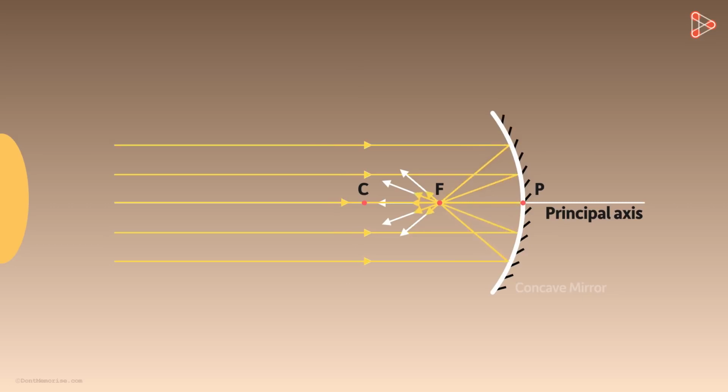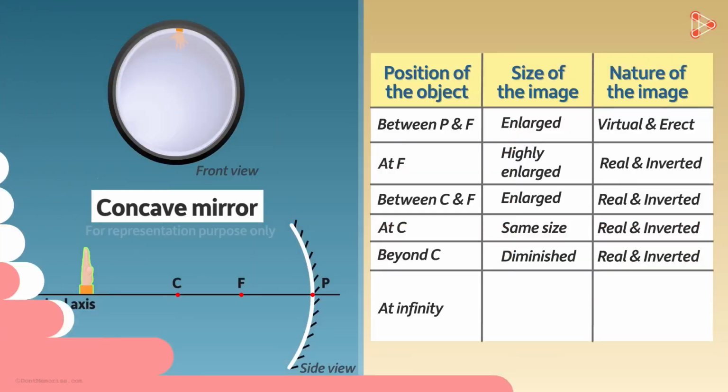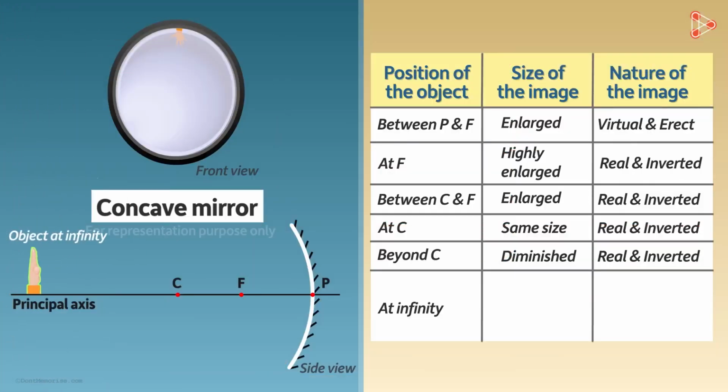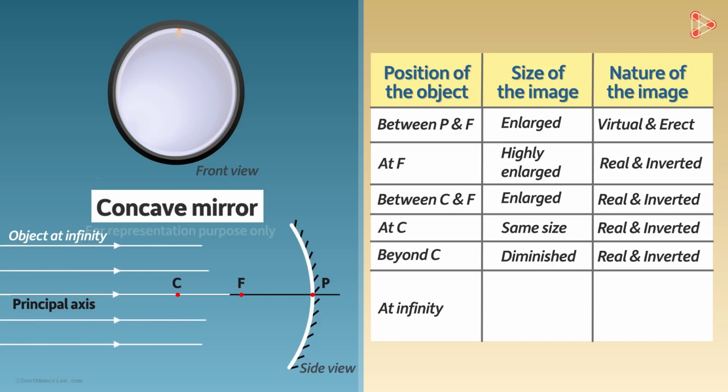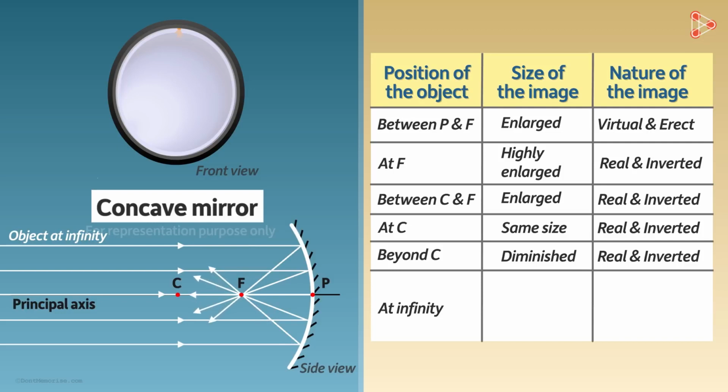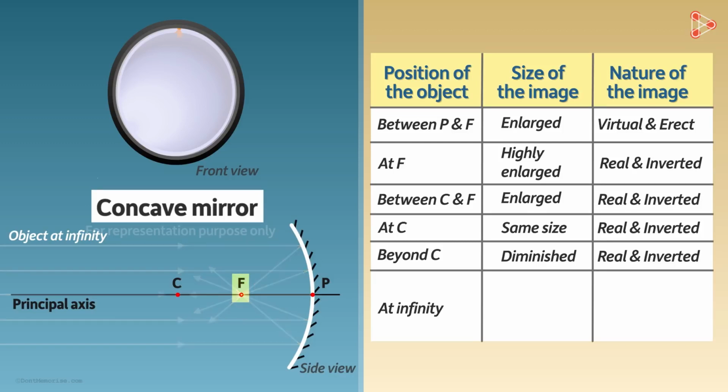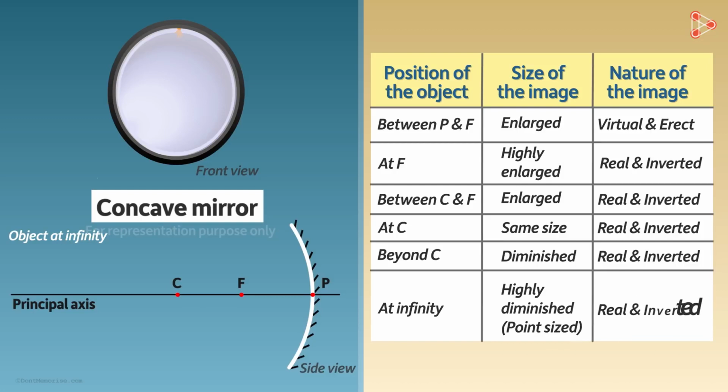The image of the Sun will be formed at the principal focus. Similarly, if any object is kept infinitely far away from the mirror on the principal axis, all the rays from it can be thought of as travelling parallel to each other. After reflection, they will all converge at the focus. And the image of that infinitely far away object will be formed at this point. Yes, this is a point-size image. It's a highly diminished image and it's also a real image.